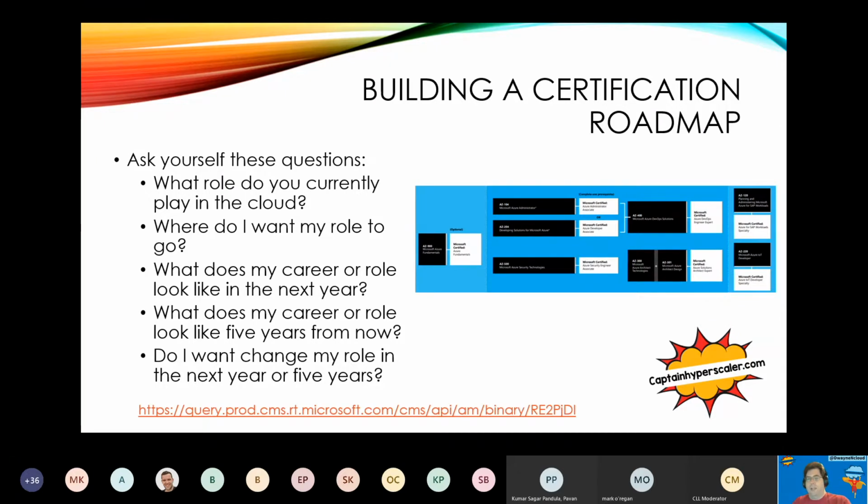Do I have goals and aspirations to go somewhere else within cloud technologies? And many of you may be here today because you've already asked yourself these questions and said, hey, I want to become a solution architect expert in Azure, and that's what we're here to do. But these are some key things when you're trying to determine how you're going to go through your certification path.